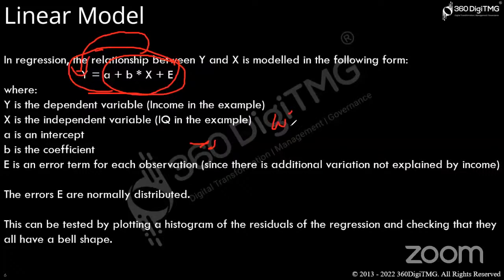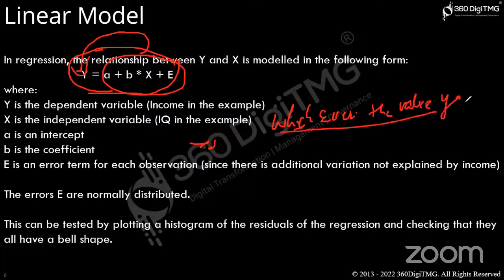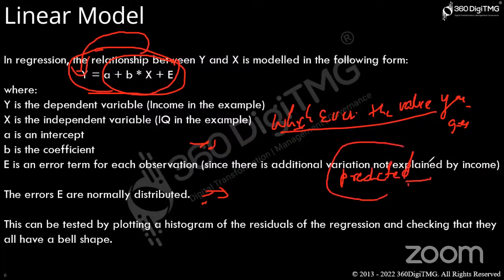Whichever value you get after prediction, the predicted value and the actual value in the data frame, the difference between them becomes the error term.